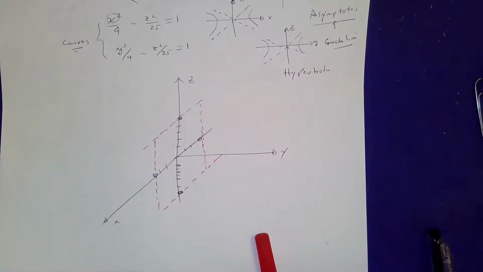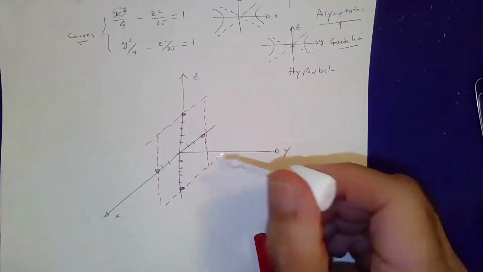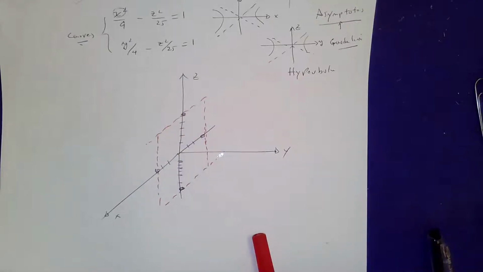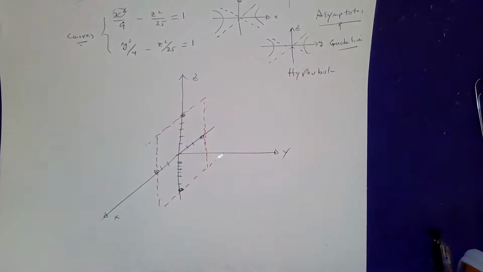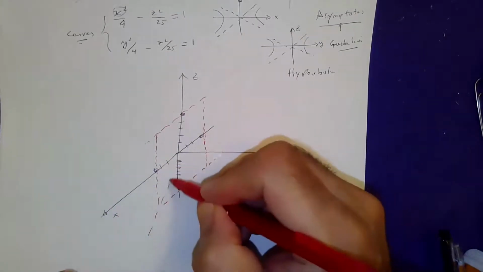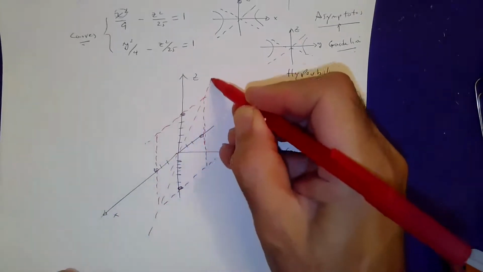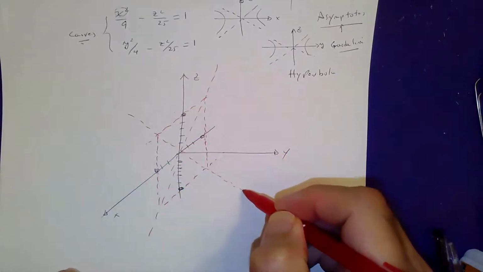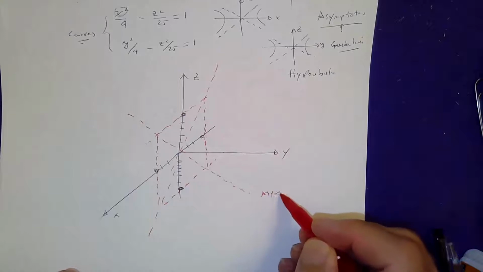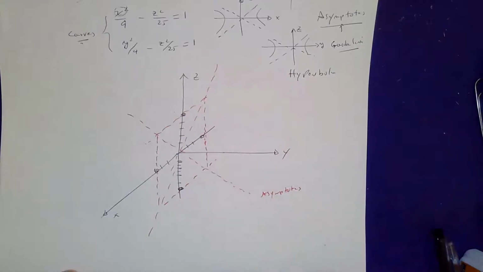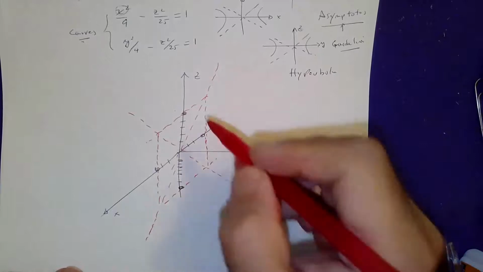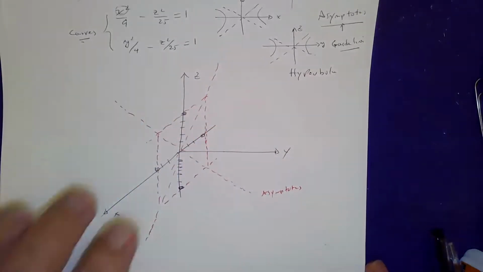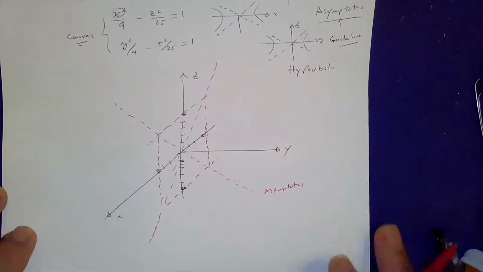Okay, so there goes my so-called auxiliary box. So what's so good about this box? Well, if I connect the diagonals of this box, going through the origin, guess what? Those are my asymptotes. Okay, that's how you find or graph the asymptotes in 3 dimensions, or in 2 dimensions as well.